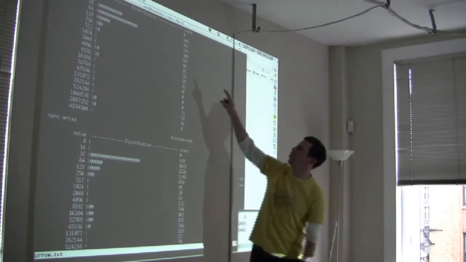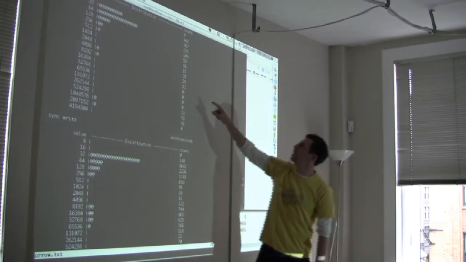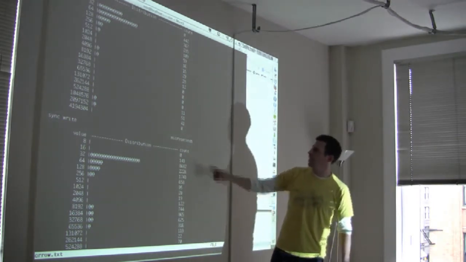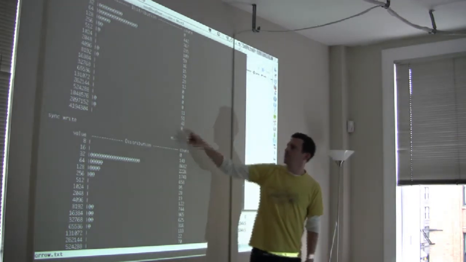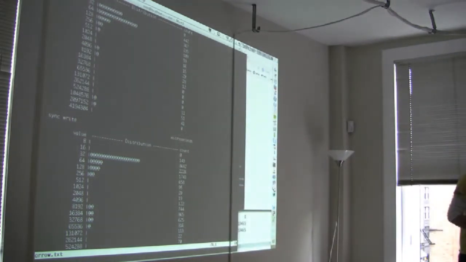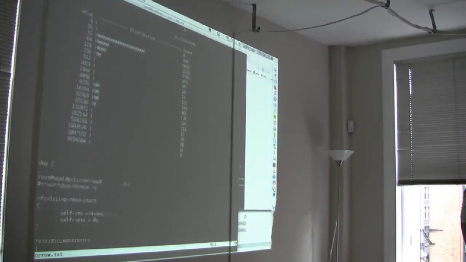We see this kind of trimodal distribution. Some writes are super fast, like microseconds. Then we have a little hump around 8 milliseconds, and then another hump around 2 seconds. 2 seconds of latency per operation, which is pretty bad. So looking at that, we understood why the customer was cranky.